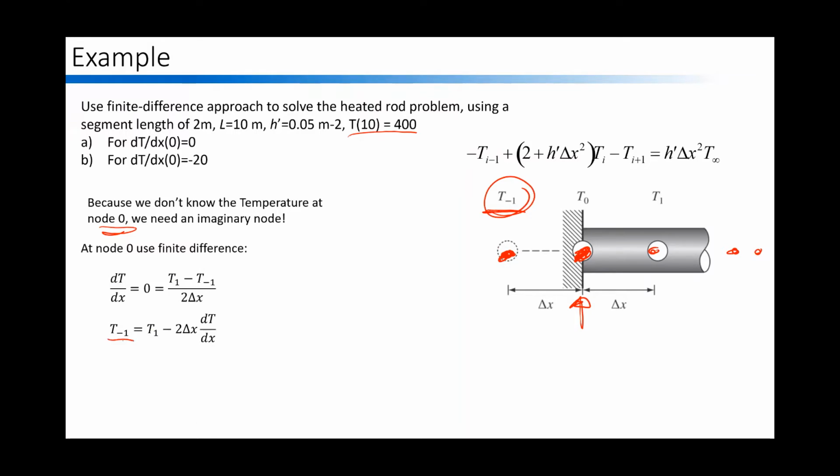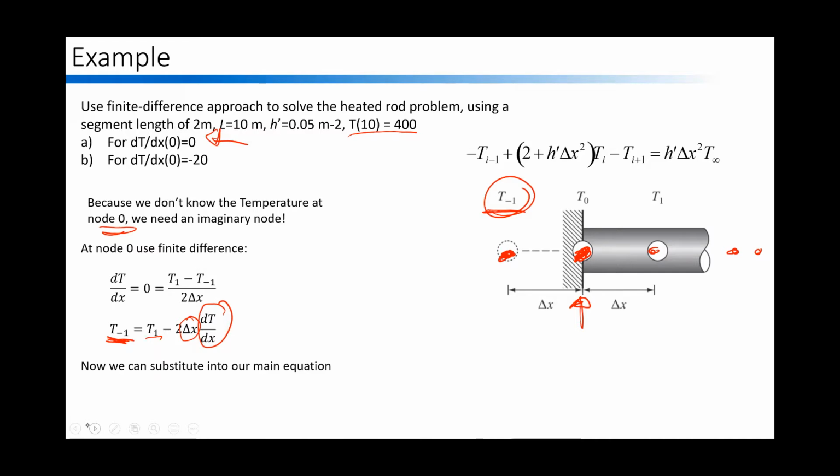And then this tells me what my temperature at that imaginary node is. It's just T1 minus 2 dx dT/dx. This is known, my spacing is known, so I can solve for that temperature at that imaginary node using the Neumann condition.